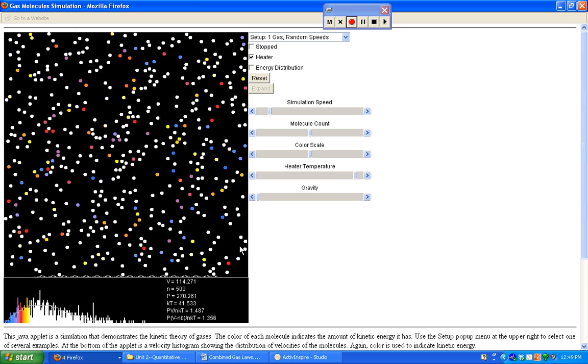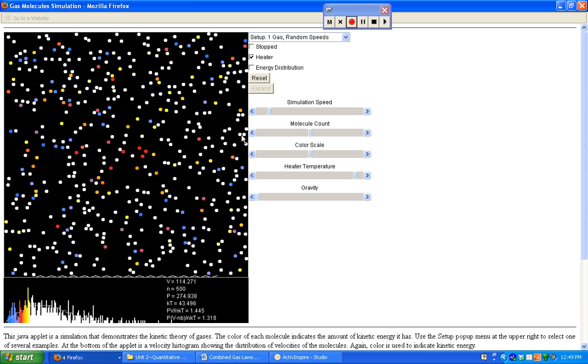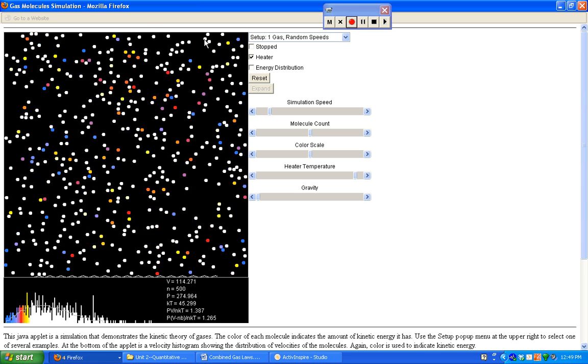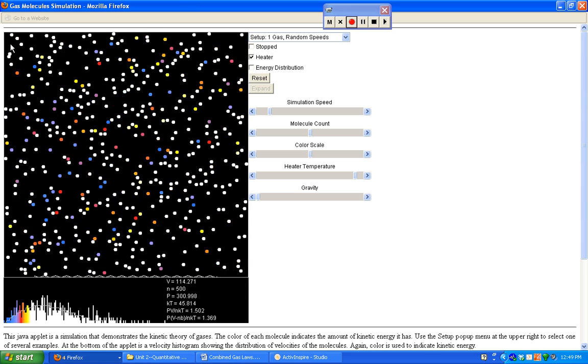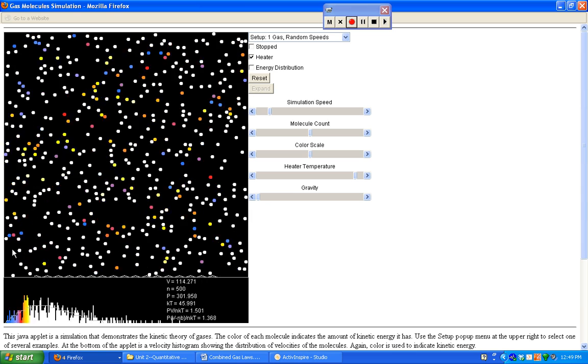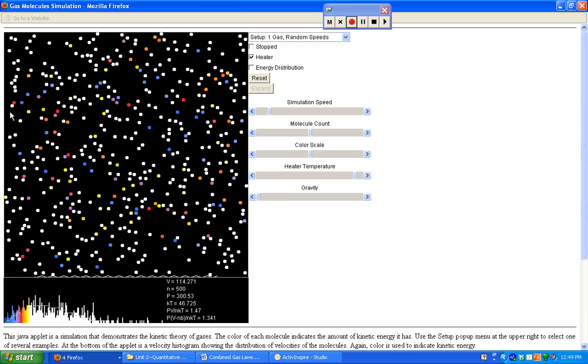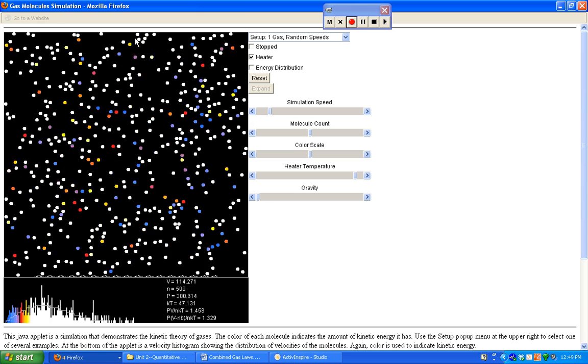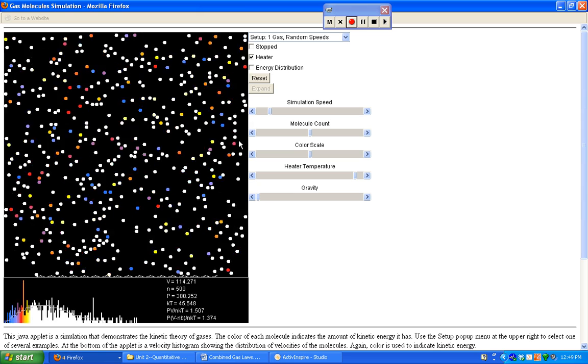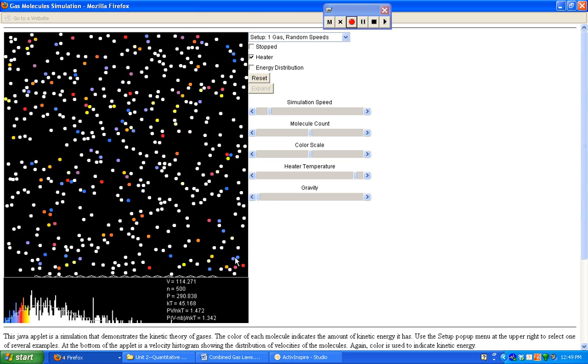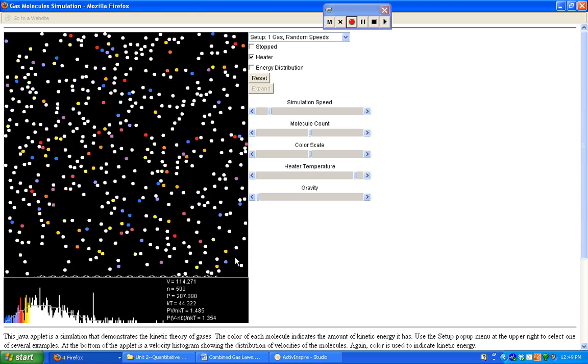That makes the collisions more and more frequent. The more frequent the collisions are, the higher the pressure. And the faster the collisions are, the higher the pressure. That's the general basis of the kinetic theory of gases.